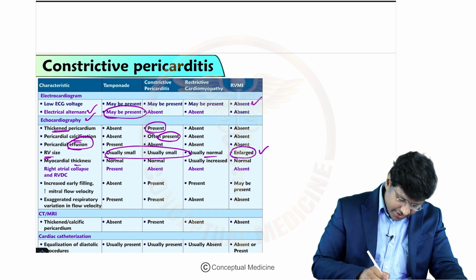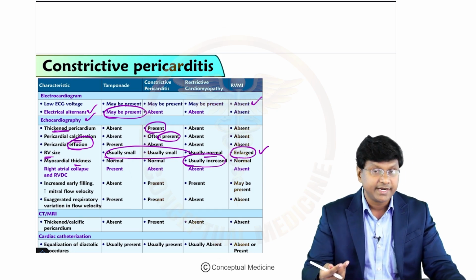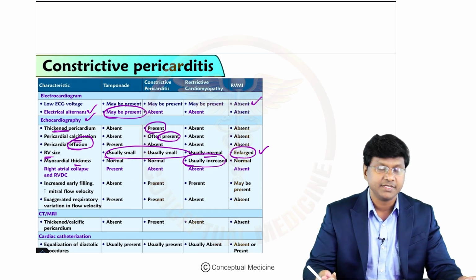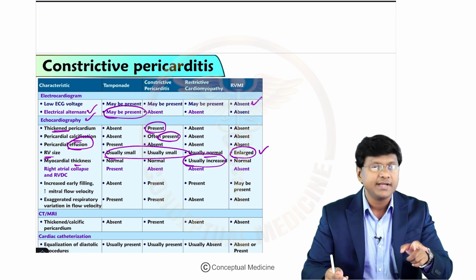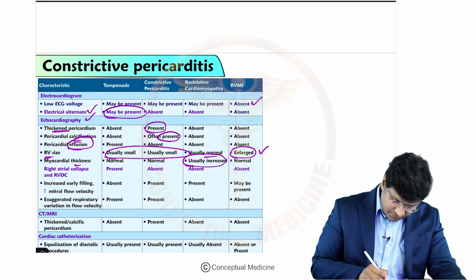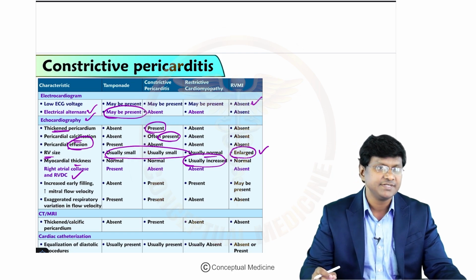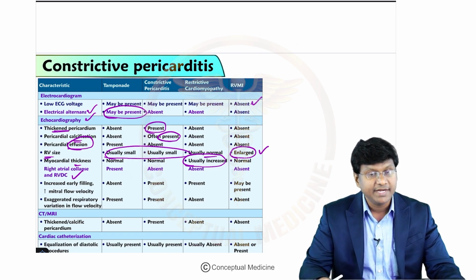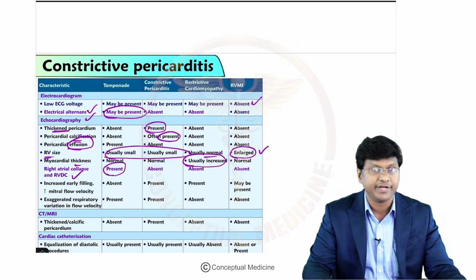Then what about the myocardial thickness? Pericardial thickness is increased in constrictive pericarditis. Myocardial thickness is increased in restrictive cardiomyopathy. And where will you have right ventricular diastolic collapse? RVDC means right ventricular diastolic collapse. It is present in patients with cardiac tamponade.